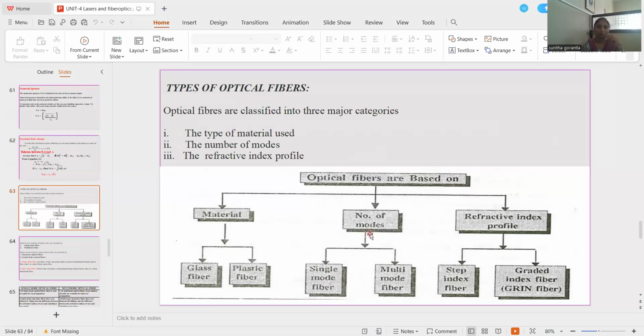Based on the number of modes of propagation, they are divided into two types, single mode fiber and multi-mode fiber. And the third category is based on the refractive index profile. These are divided into two types, step index fiber and graded index fiber.